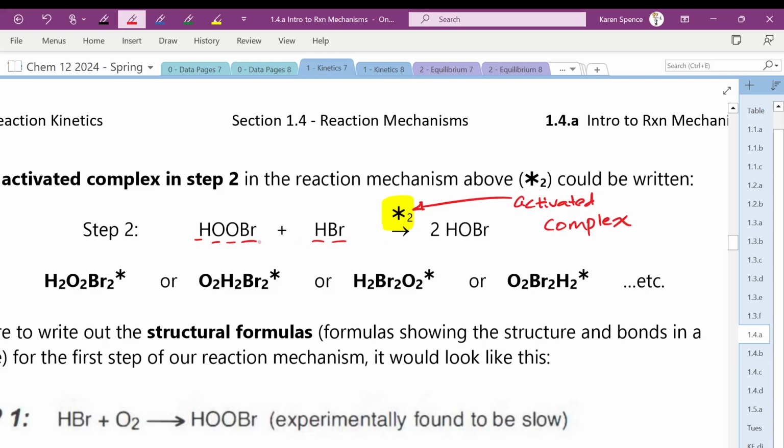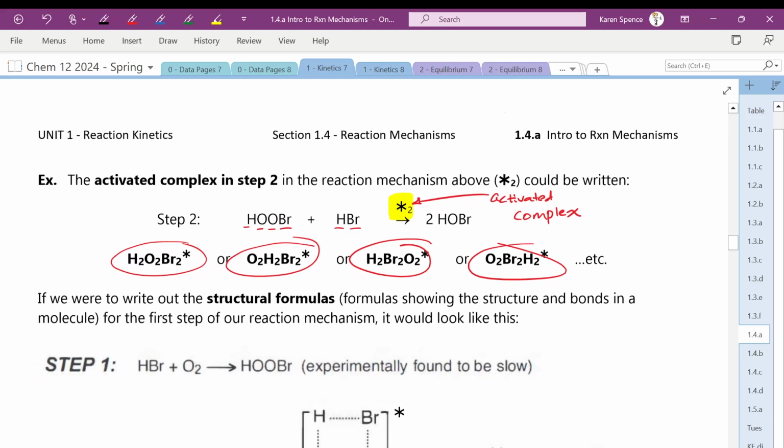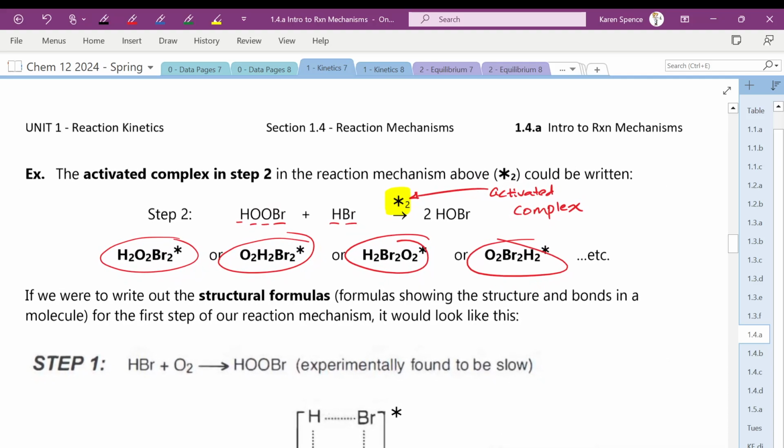So you could write it as H2O2Br2. You could write it as O2H2Br2, or H2Br2O2, or O2Br2H2, or like this. But like I said, I'm not going to ask you to do that, so don't worry about it. All right? It's more if it comes up in an example and you see it, you understand where it came from. Okay?